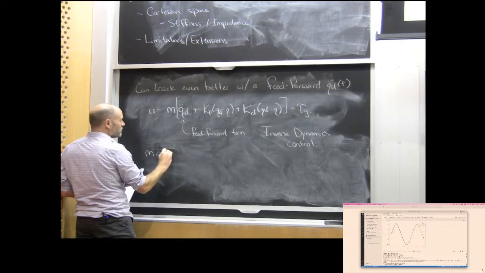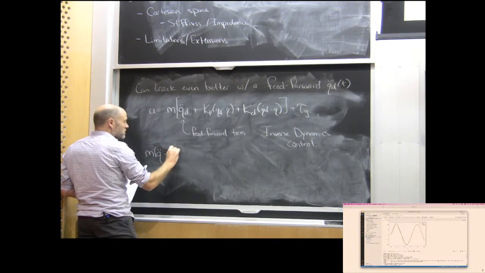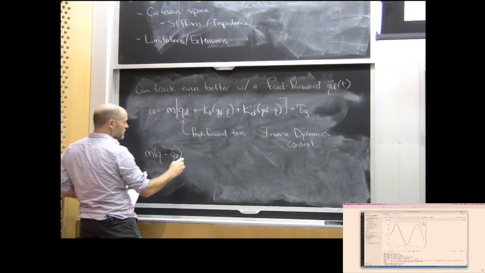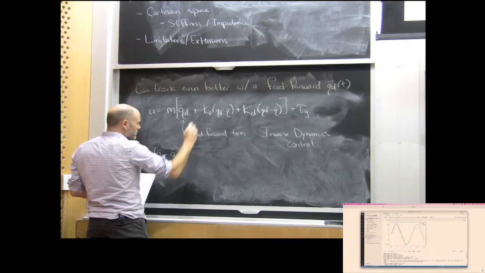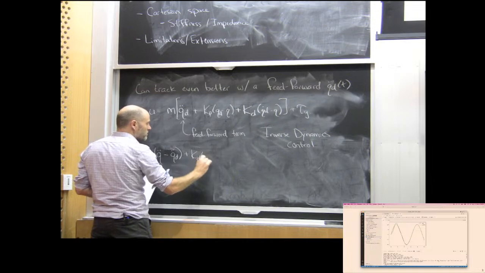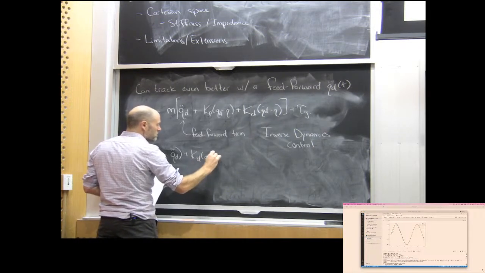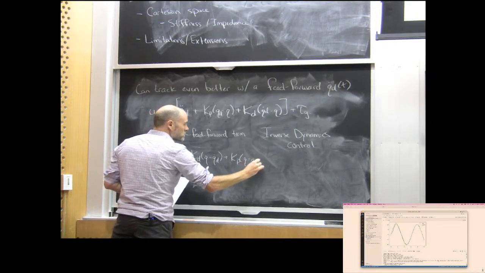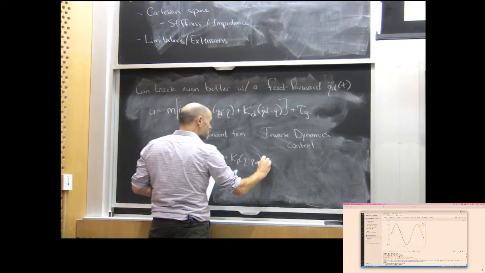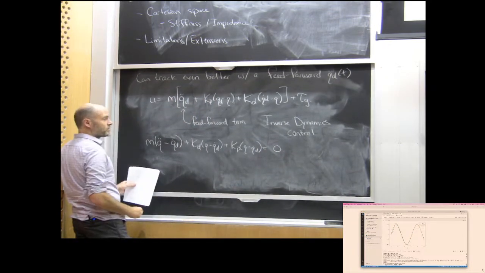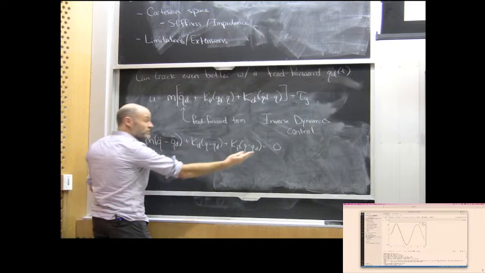I can pull this whole thing on the other side here. Minus this. I'll just pull that on the other side. Okay. I'll put it in spring mass damper form again. I'll put my damping equals 0. Okay. That's the resulting equations of motion.